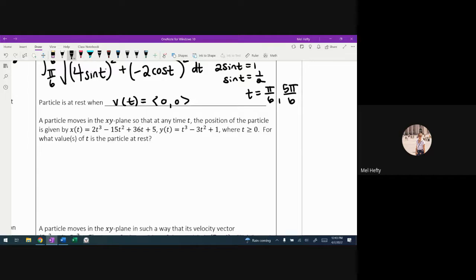All right, so let's try. We're going to find x prime of t. That's 6t squared minus 30t plus 36. I would like to set this equal to 0. Thoughts on how to solve that? Yeah, let's factor. Is there a GCF?